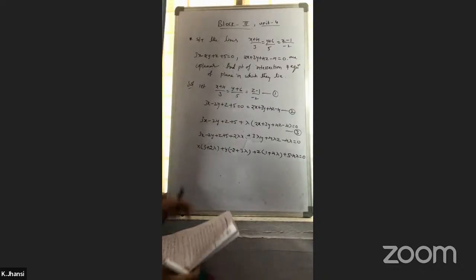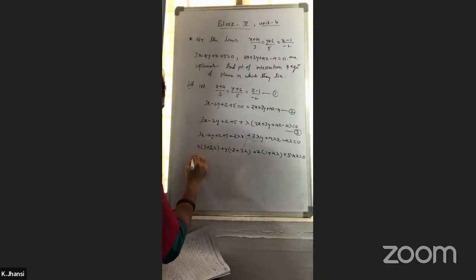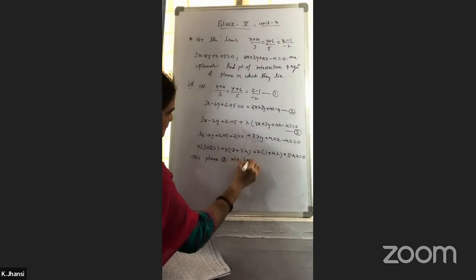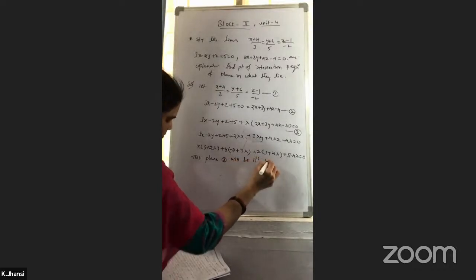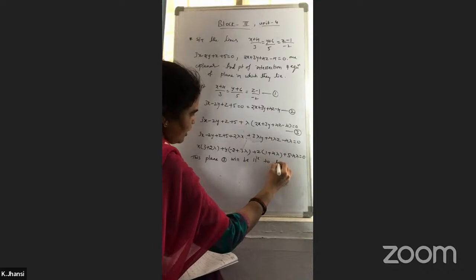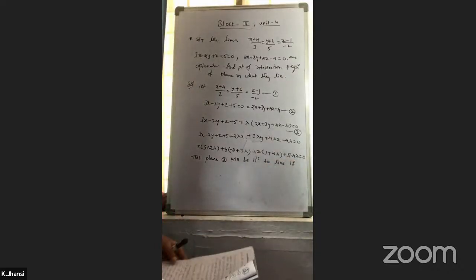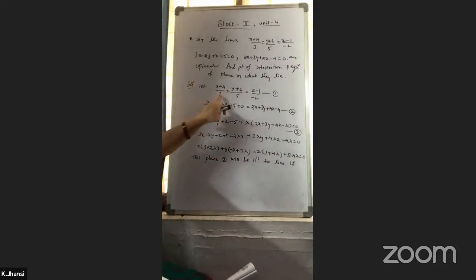Okay. Now this plane 3 will be parallel to line 1 if, here whatever the coefficients are for x, y, z, in the denominator we have direction ratios, no?